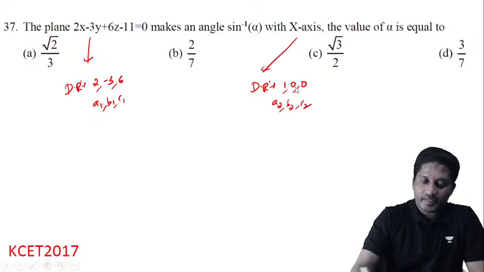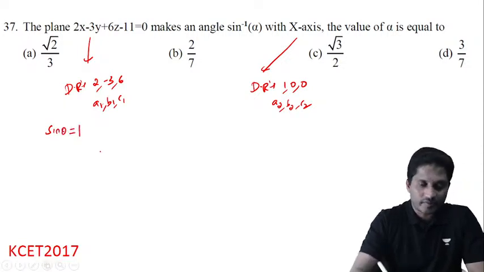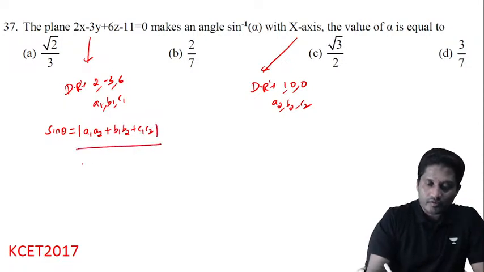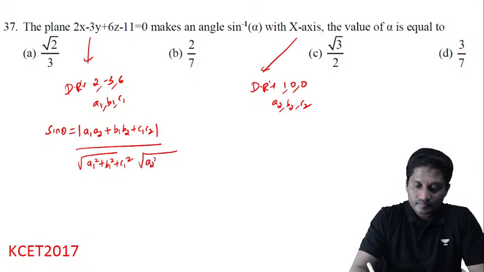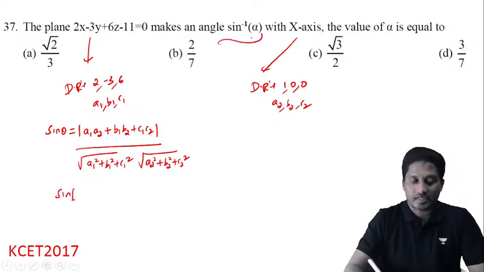The formula for the angle between a line and a plane is sine theta is equal to modulus of a1 into a2 plus b1 into b2 plus c1 into c2, upon root of a1 square plus b1 square plus c1 square into root of a2 square plus b2 square plus c2 square. Now if I substitute, the angle is sine inverse of sine alpha.